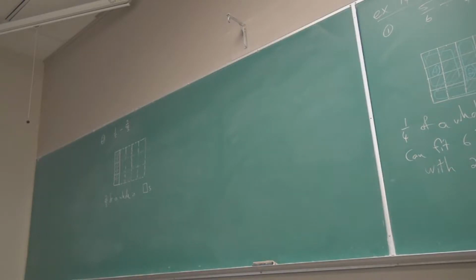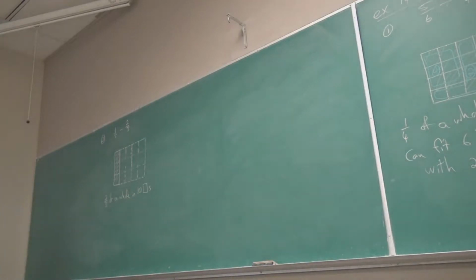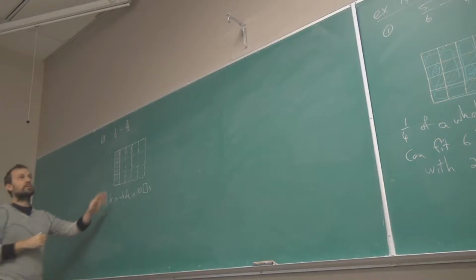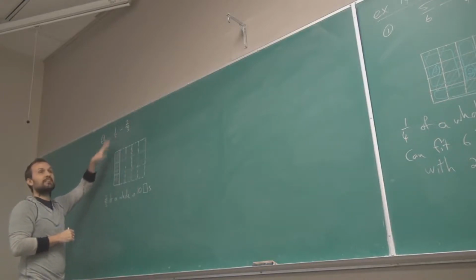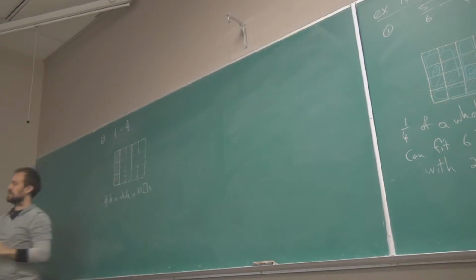Of a whole rectangle, not of what I have. 10. Because if I have a fraction just as a representation of a quantity, it represents a portion of a whole rectangle, regardless of what I have to work with. So it's 10 little squares.